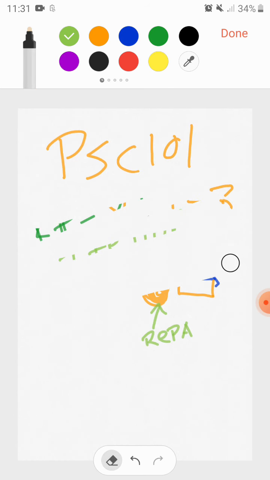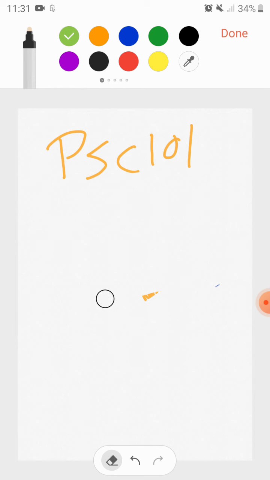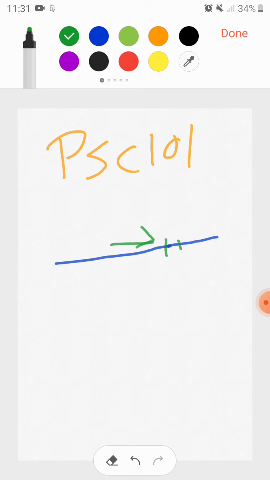Okay, let me erase these things. This is the origin of replication site, these are the iteron sequences, and this is the Rep protein, which is synthesized here and binds with the iteron sequences.